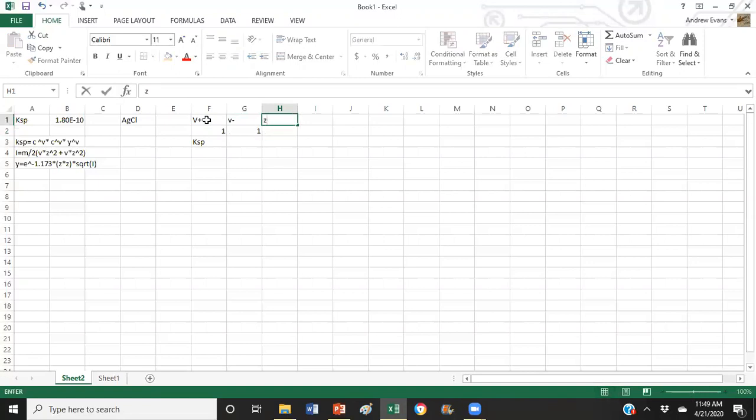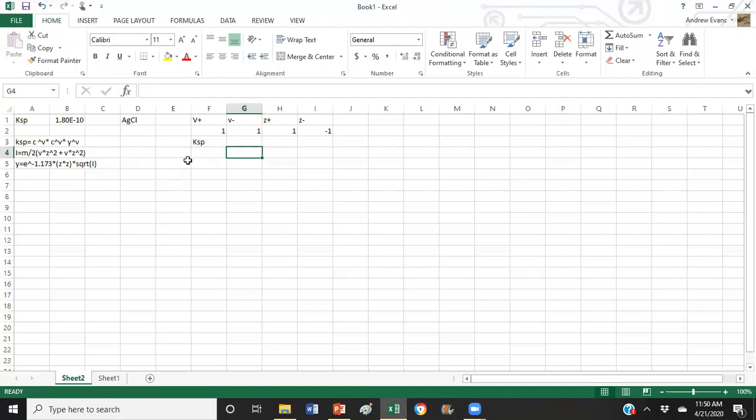The z plus, always going to be positive 1, and the z minus is always going to be negative 1. That's not going to change.